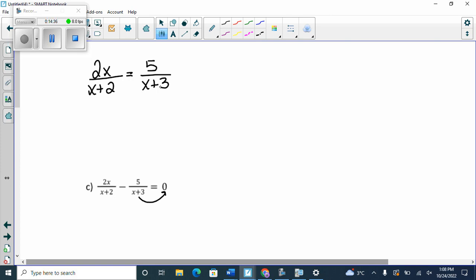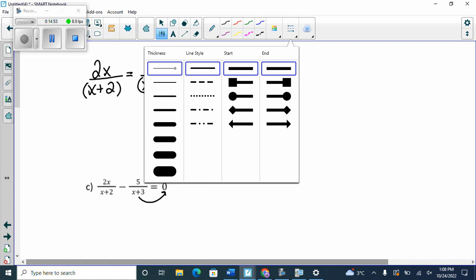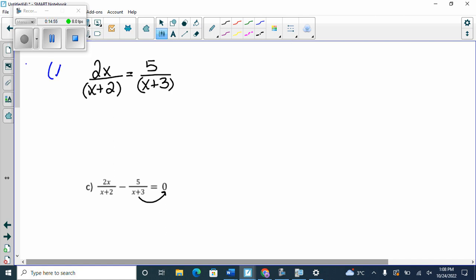Now, what am I going to have to do? Get a common denominator. Is anything common between x plus 2 and x plus 3? No. So you just multiply them by each other. So we're going to multiply the left side by x plus 3 and the right side by x plus 2.